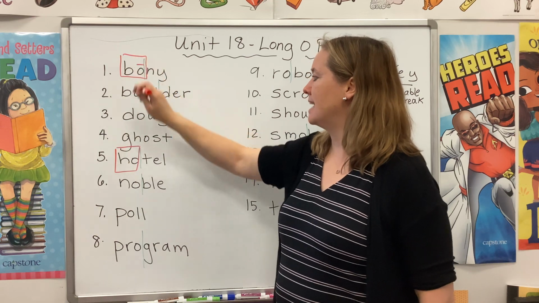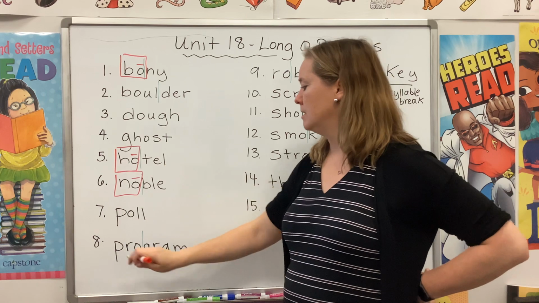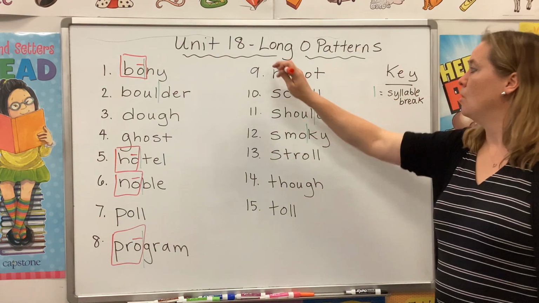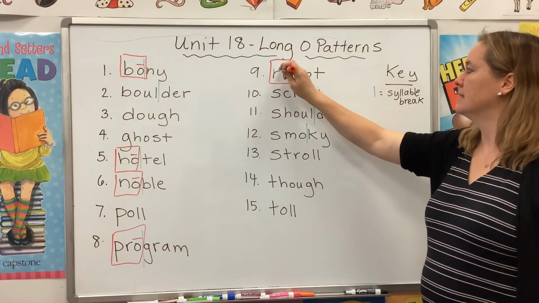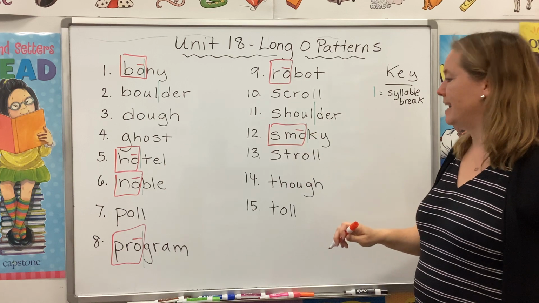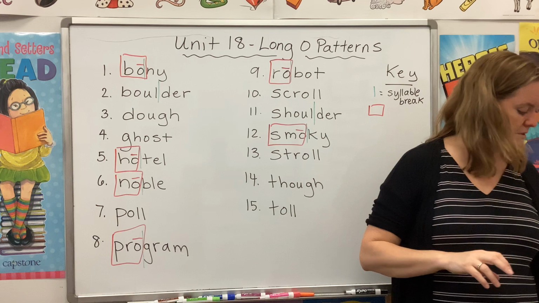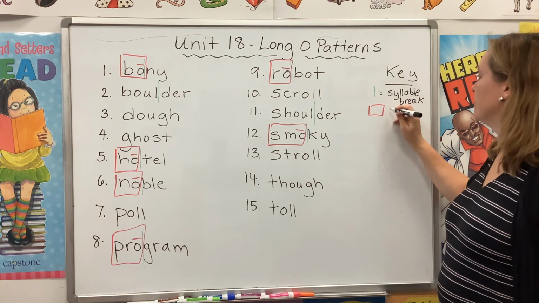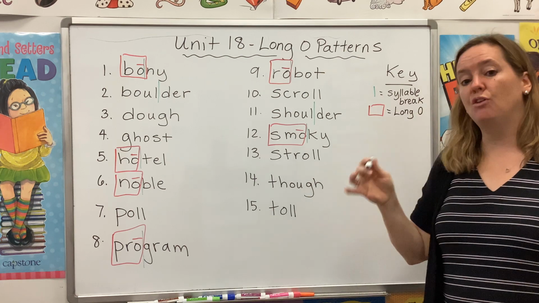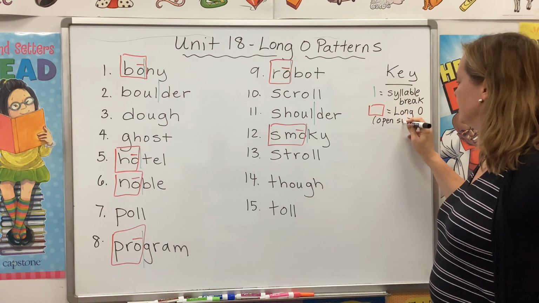In both cases, that O is long. Noble, program, robot, smoky, and that's it. So red box equals long O, and it has a long O sound because it's an open syllable.